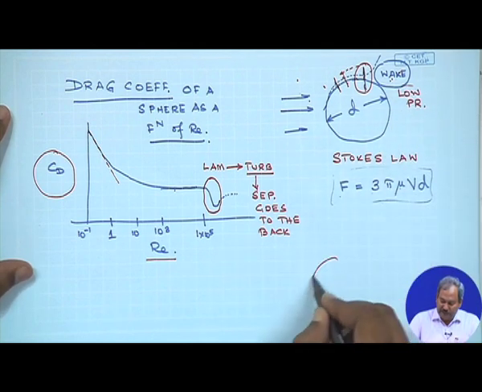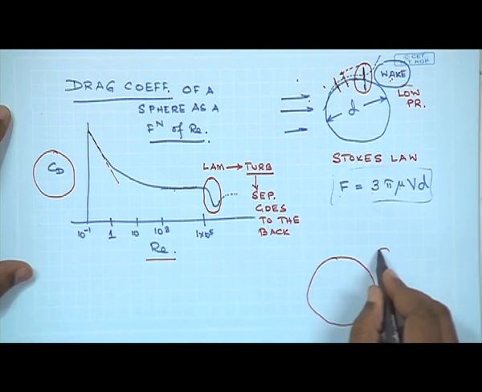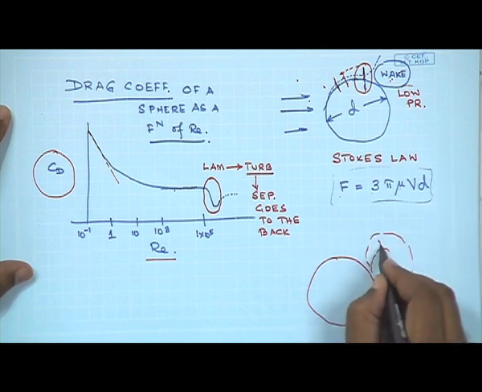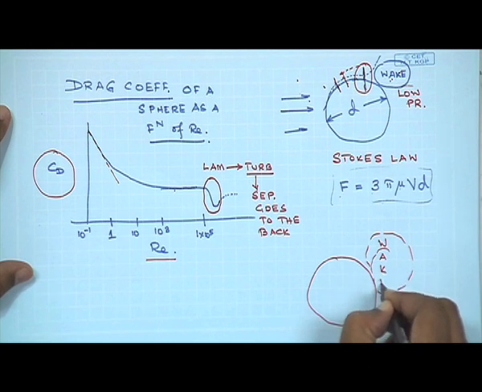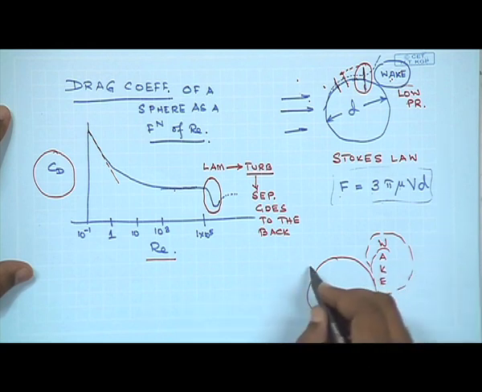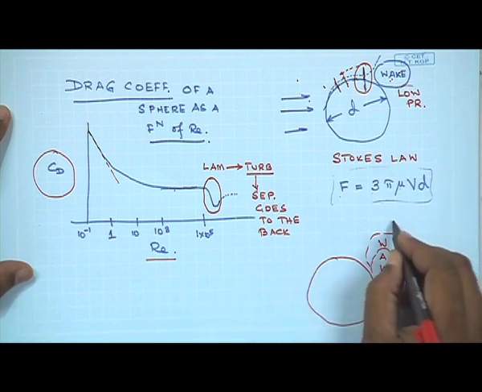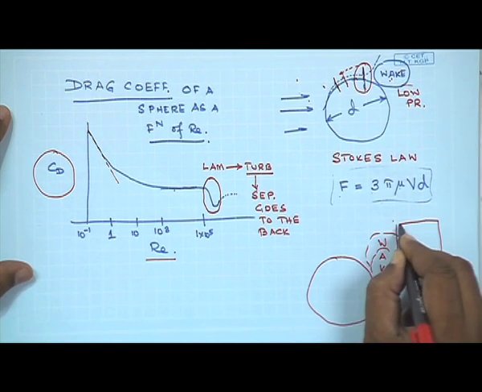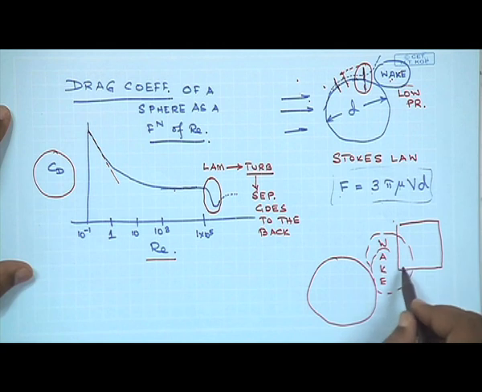So, if this is the object and you have a low pressure region at the back of it, if this is the wake, then as I was telling you, if this is a car, the next car would like to be in the wake formed by the first car, such that it would have less pressure drag.